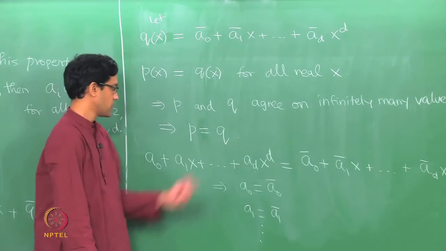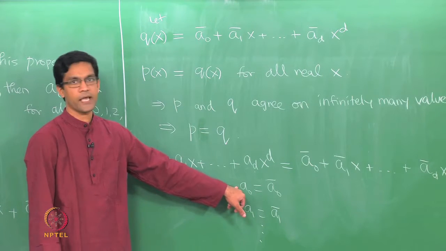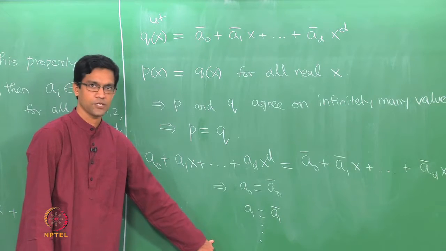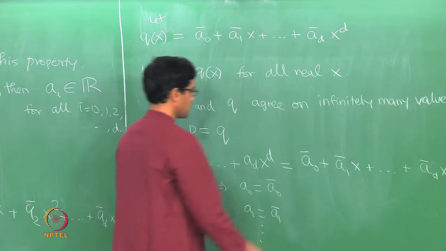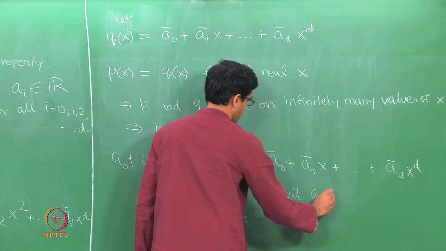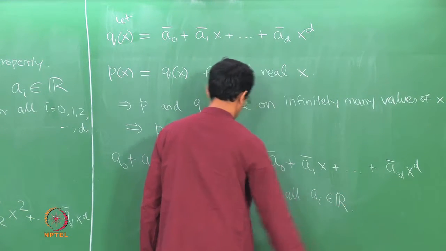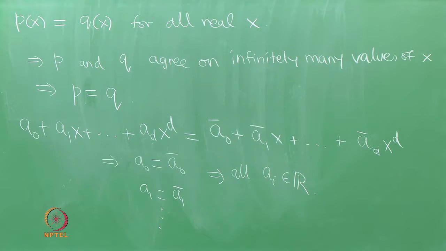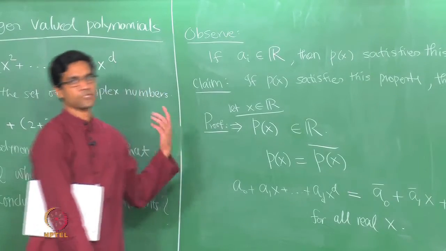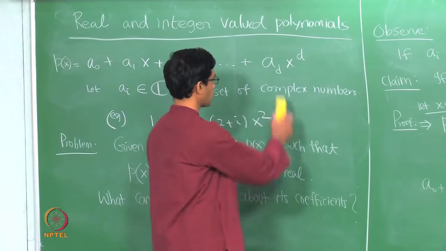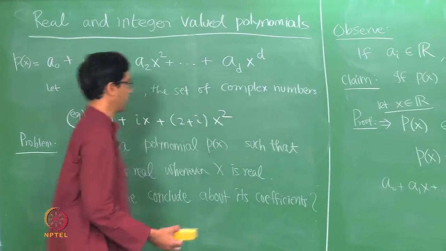Every coefficient is equal, but then this means that a0 is a real number, the next condition means a1 is a real number, the next condition means a2 is a real number and so on. So this in fact implies that all ai's are real. Okay, so that is in fact the proof of the converse. The only way you can get a complex polynomial to take real values on real numbers is if all the coefficients are themselves real numbers.